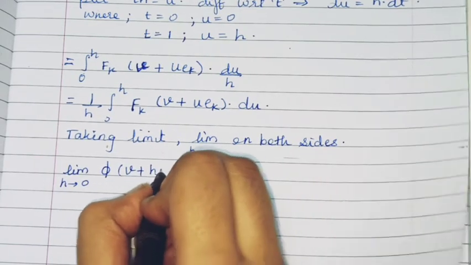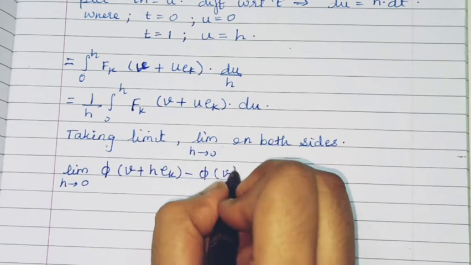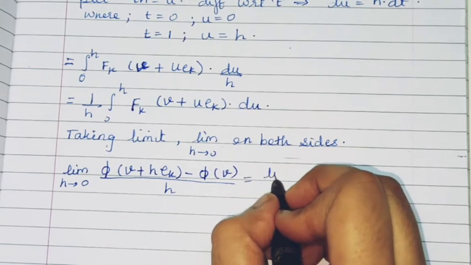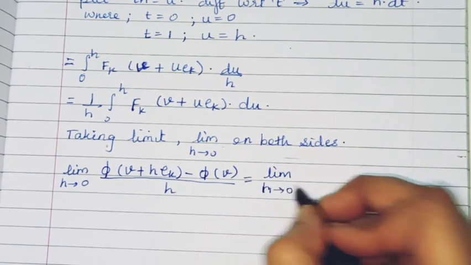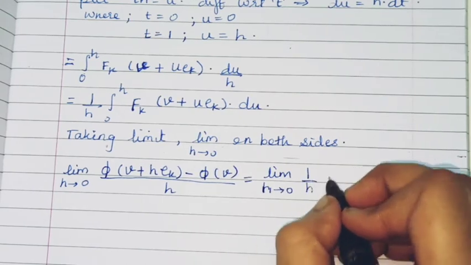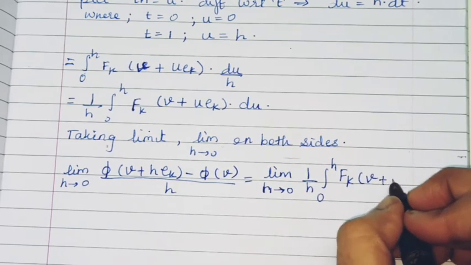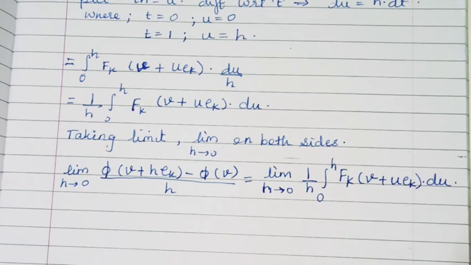So limit h tends to 0, phi of v plus h ek minus phi of v upon h is equal to limit h tends to 0, 1 upon h integration 0 to h fk v plus u ek du. Let us name this as equation 1.